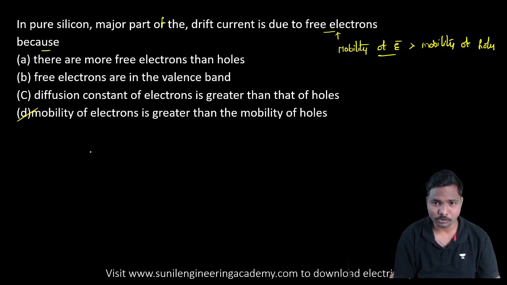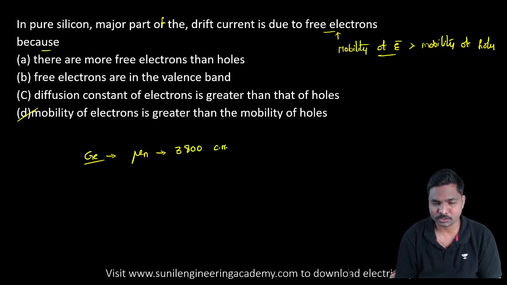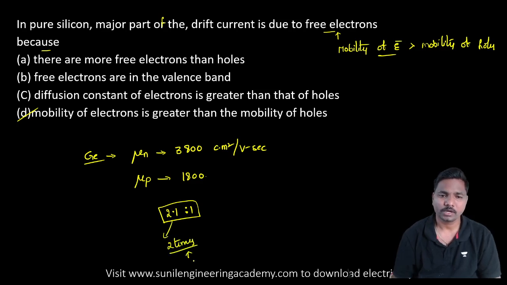For example, if you consider germanium, the mobility of electrons is in the order of 3800 centimeter square per volt second. If you consider holes, that is just 1800 only. That is nothing but like a 2.1:1 ratio, almost twice. Electrons move twice as fast as holes.